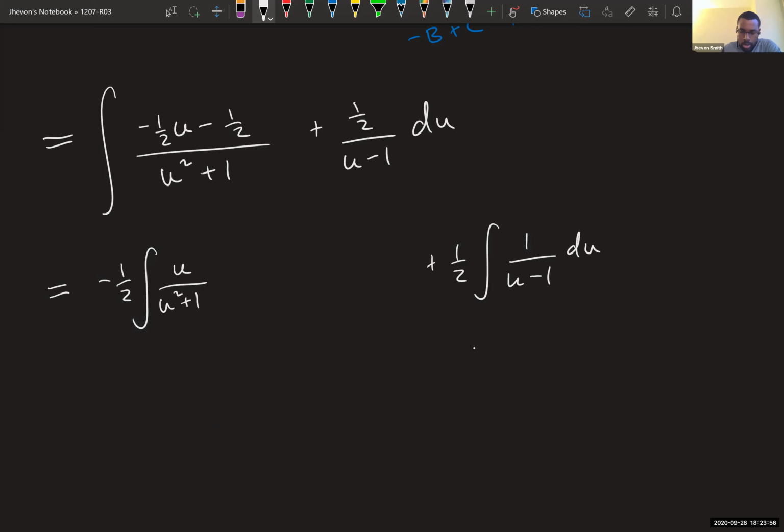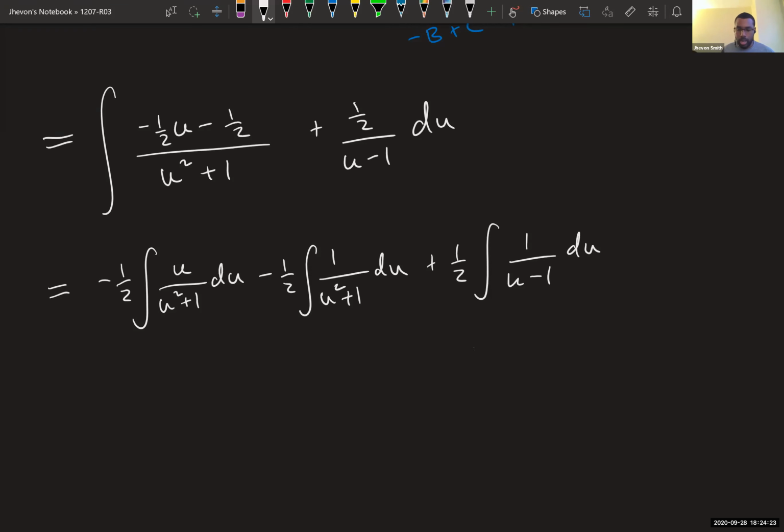I would break this up further though. Because your substitution would only work on the first part. Do you see that? Because when you do u squared plus 1, your du is just going to be 2u, which means your plus 1 in the numerator is actually out of place.